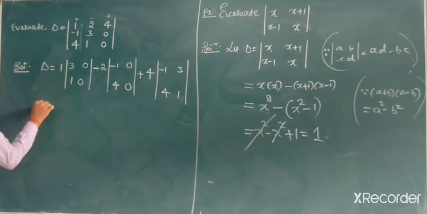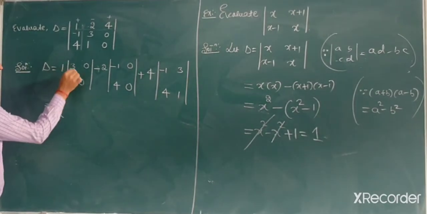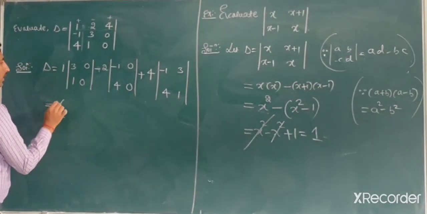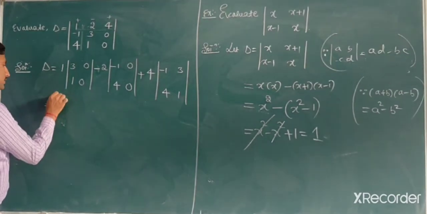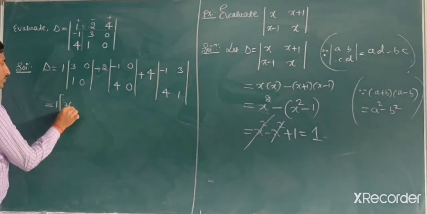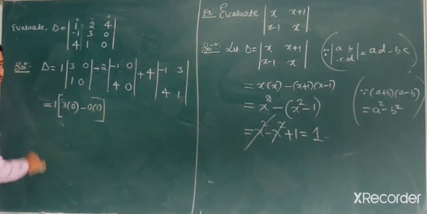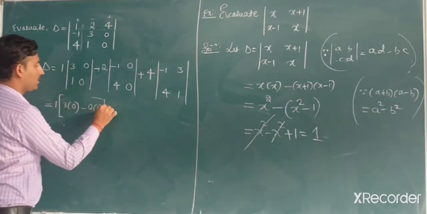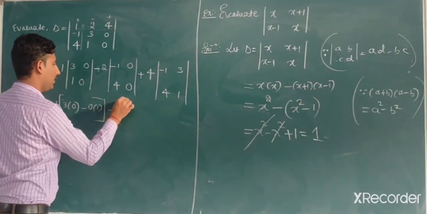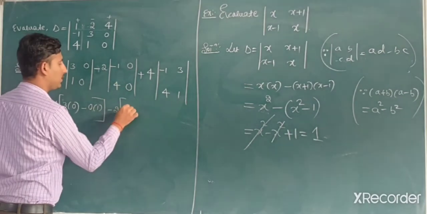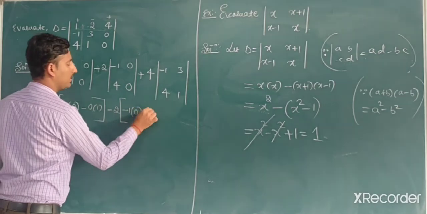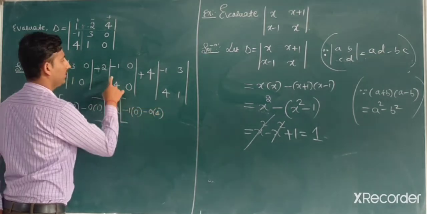Then you take the values: better you write it as 3 into 0 minus 0 into 1. Let it close. After minus 2 as it is, here there will be minus 1 into 0 minus 0 into 4.